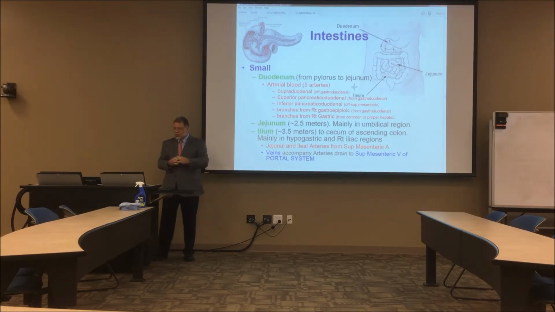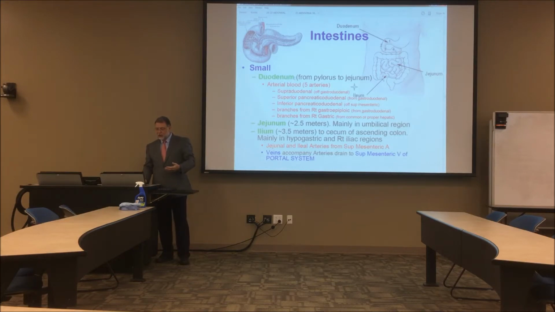So it's one of those situations that are very active with nutrition and digestion. All of these arteries are related with that part of the duodenum. And the duodenum is very short, starts at the pylorus and just ends at the jejunum.